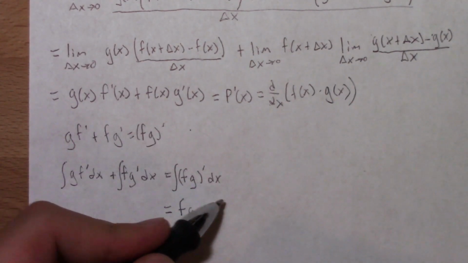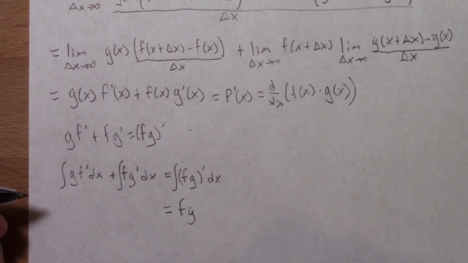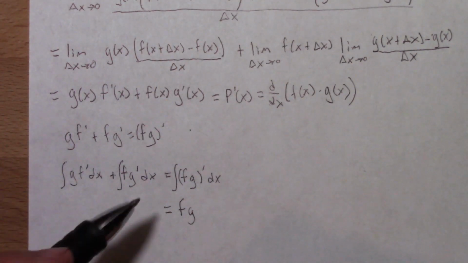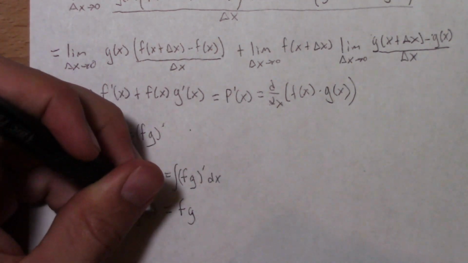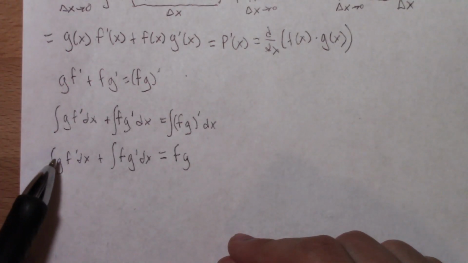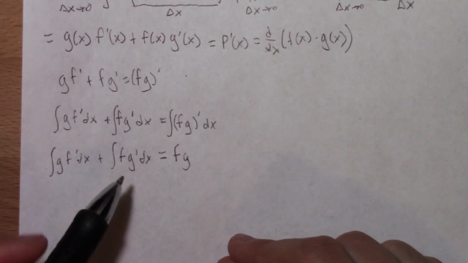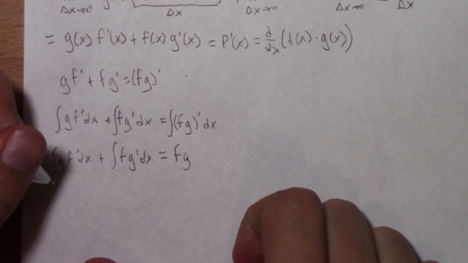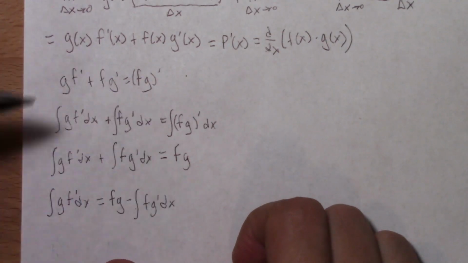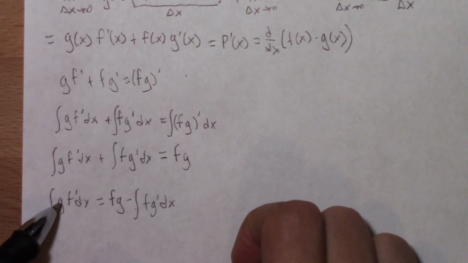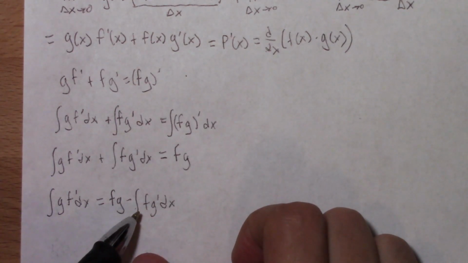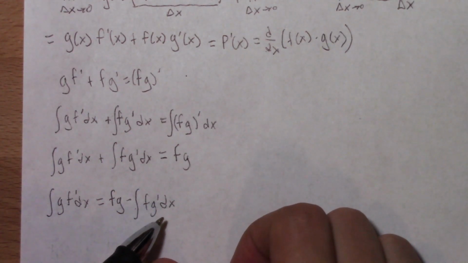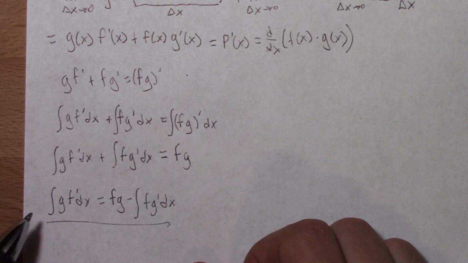There's also a plus c in there, which we will ignore. We can subtract one of these expressions from the left side of the equation to get the integral of g f prime dx equals fg minus the integral of f g prime dx. And this is the integration by parts.